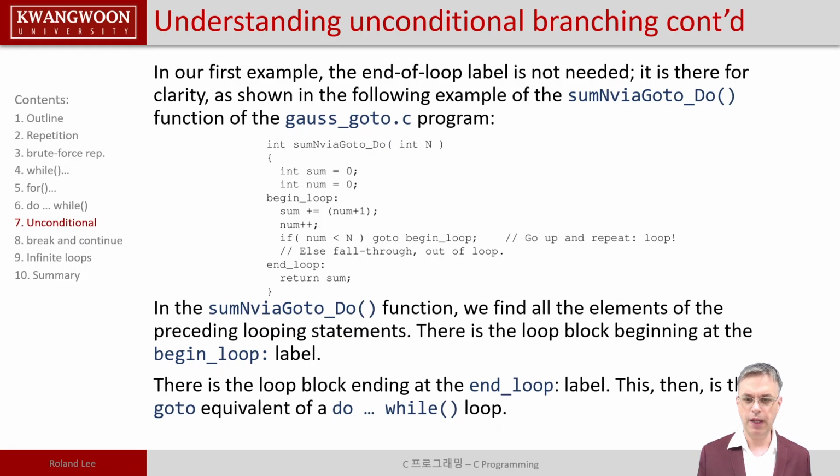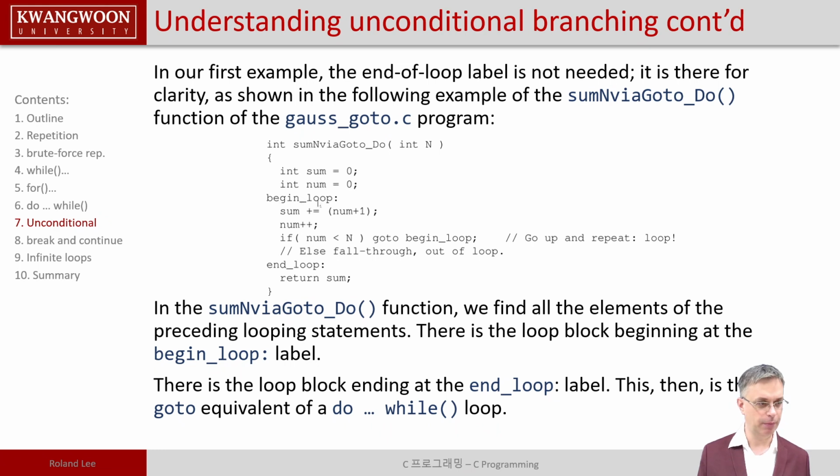So in the sum n via goto do function, we find all the elements of the preceding looping statements. There is the loop block beginning the loop, and then the label.